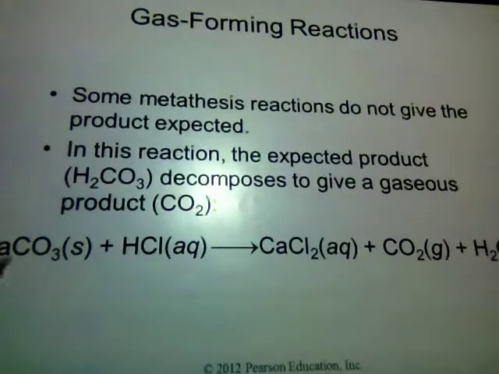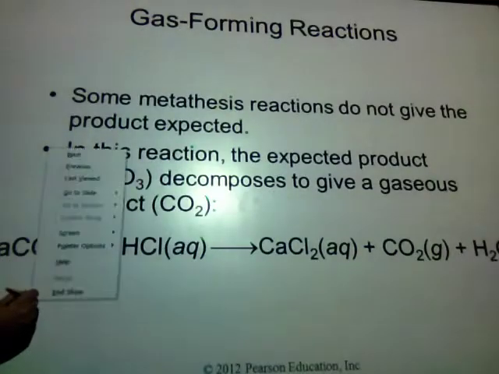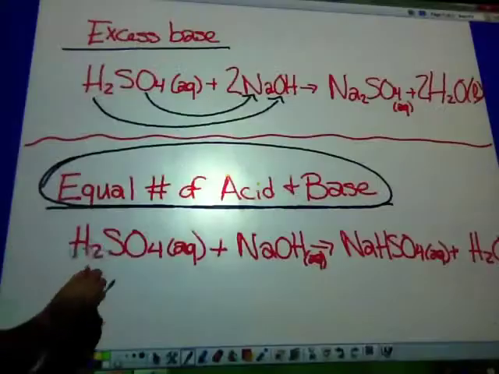But in this specific reaction, or specifically when I have any type of carbonate, then it's going to give me carbon dioxide and water. So anytime, and let's write this down somewhere in our notes, okay? Any carbonate plus any acid.